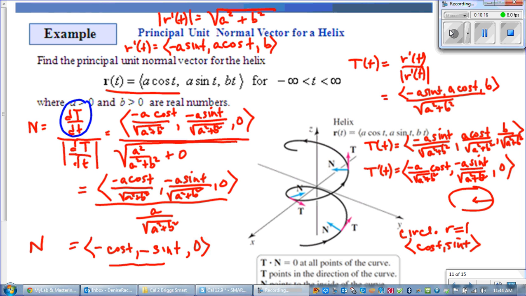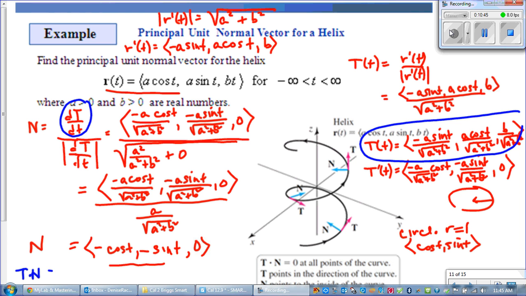Now let's also check, is T orthogonal to N? T was the vector that we had over here. If you took minus cosine times the first component, you would have positive a sine t cosine t over the square root, and then you'll have minus a sine t cosine t.